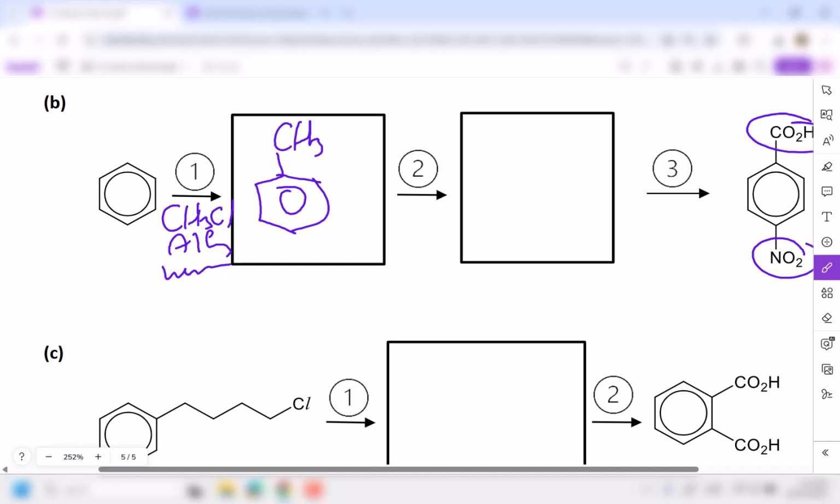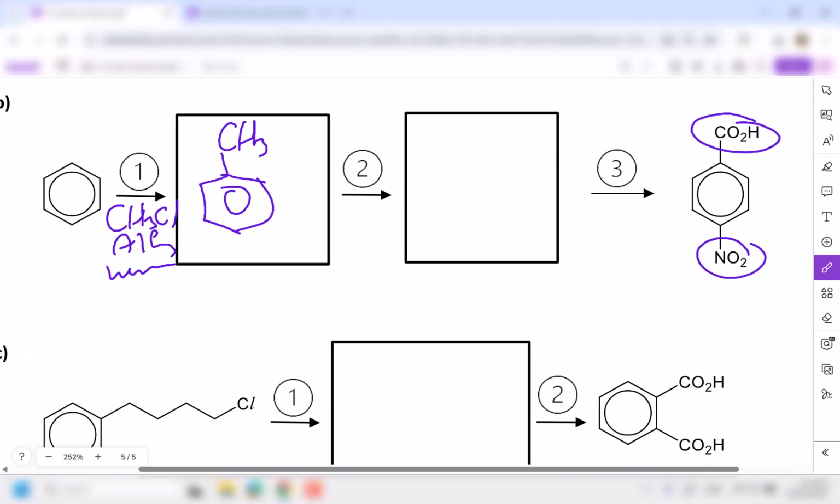Next, do I need to perform side chain oxidation first? Suppose you perform side chain oxidation first, your NO2 in the next step will be introduced into the third position, but the relationship between carboxylic acid and NO2 is 1,4, so therefore I cannot perform side chain oxidation first.